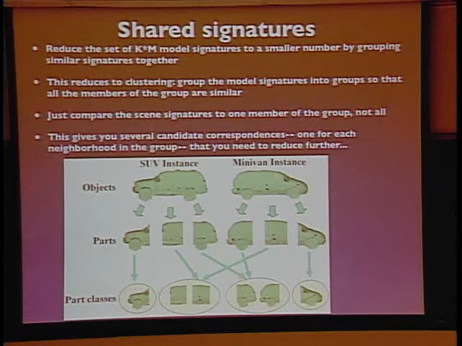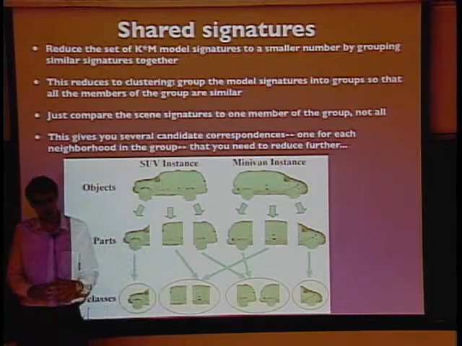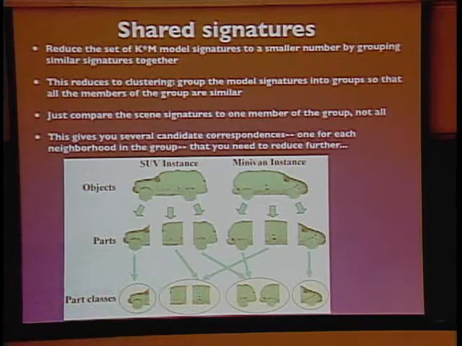And so then what you would do is try to refine that further by saying, well, okay, if there's a big cluster of middles correspondences in one location in the scene, then I'll assume that that's a middle of something, and then compare each minivan middle shape signature to those.